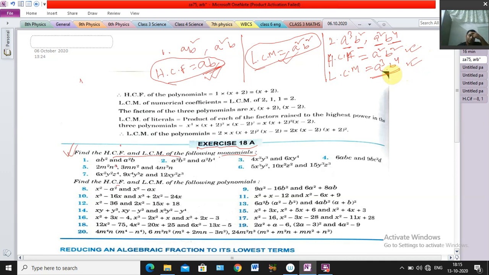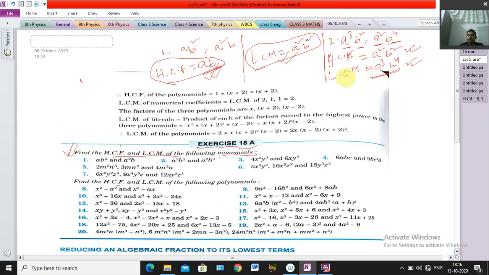Clear? Easy or not? Very easy. You can try it also, because it is easy. It is only the same concept for LCM and HCF: for HCF we take the lowest power, and for LCM we take the highest power. That is the thing.